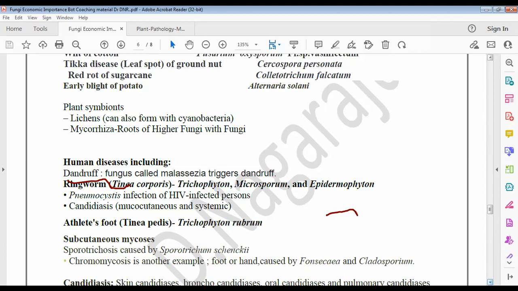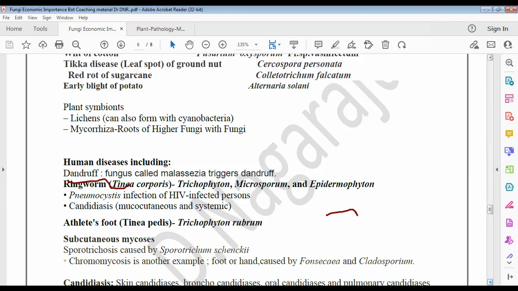And you know ringworm, round itches, which is also caused by fungi. Pneumomycosis affects the lungs in HIV patients. Candidiasis is a very common disease, caused by Candida albicans.